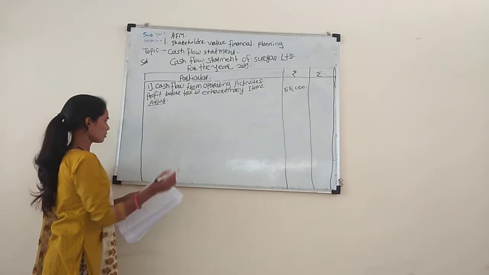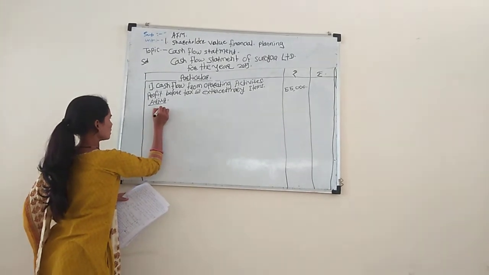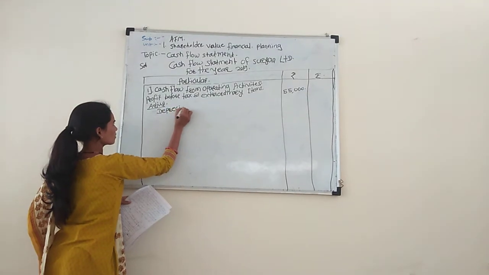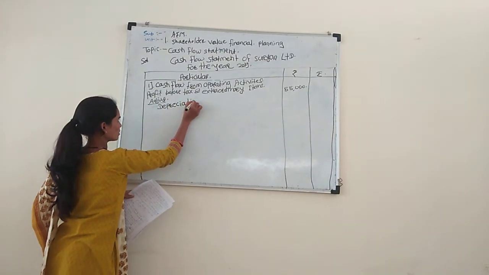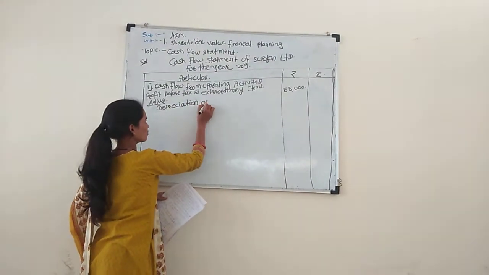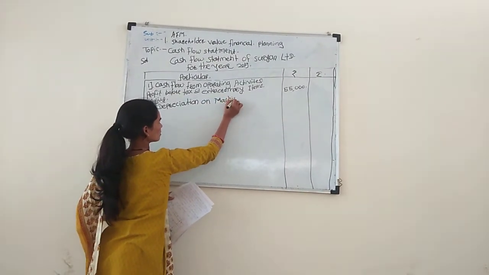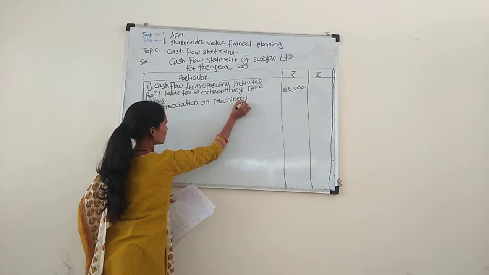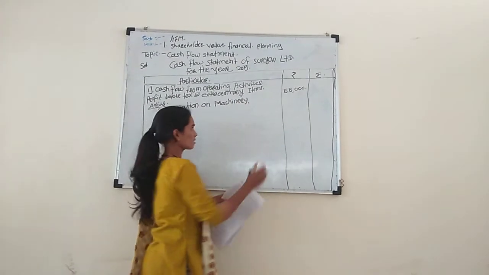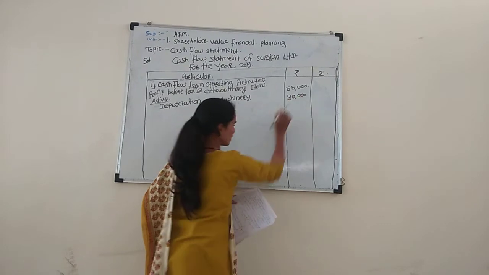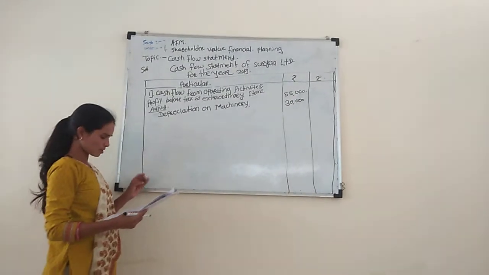So first, depreciation on machinery: 30,000. This is the last additional information.